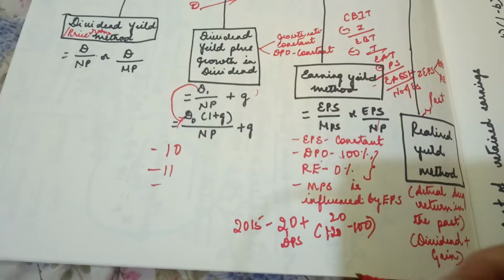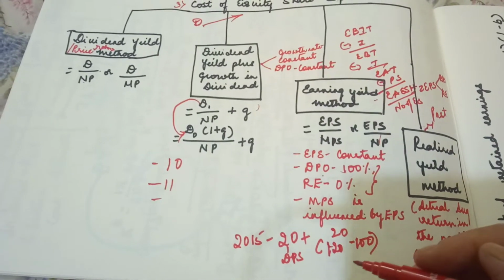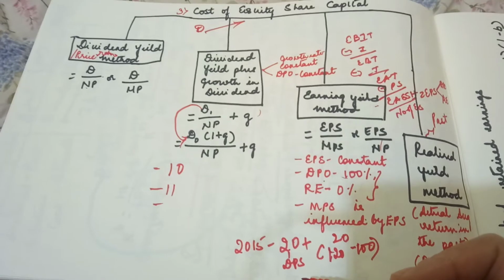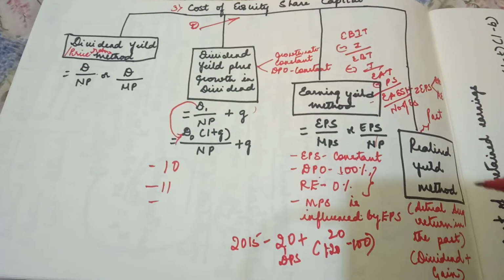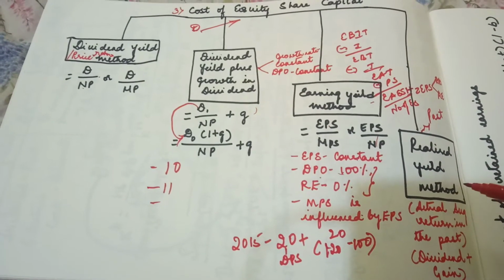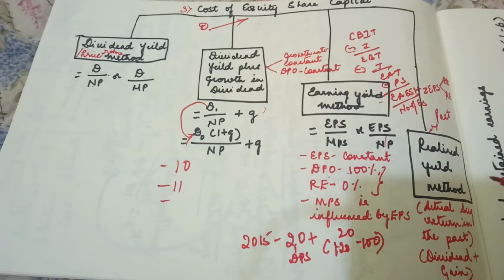Both are considered. Gain is nothing but the capital gain, the incremental sale value over your investment price, and the dividends you have got, both are considered to calculate your actual returns in the past, and hence the name is realized yield method. Whatever you have got earlier will be taken.